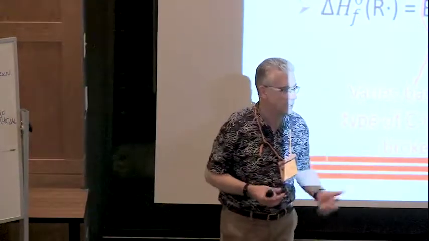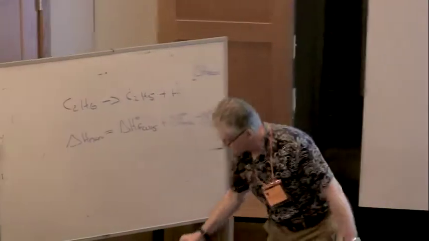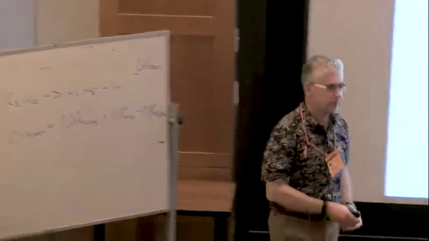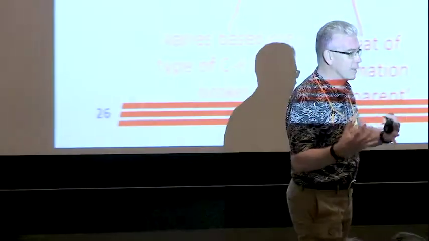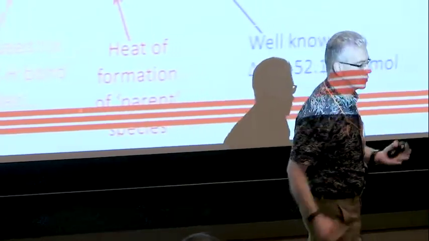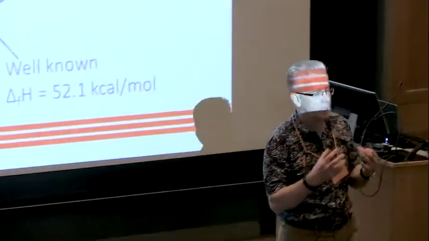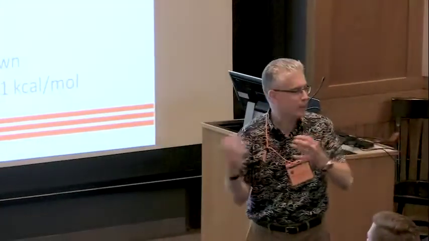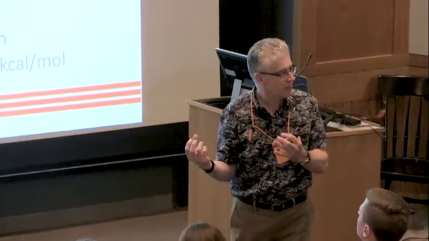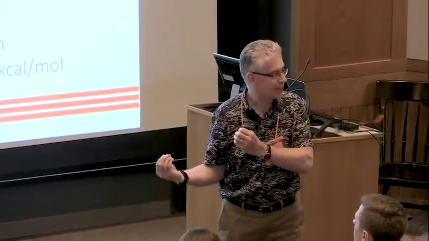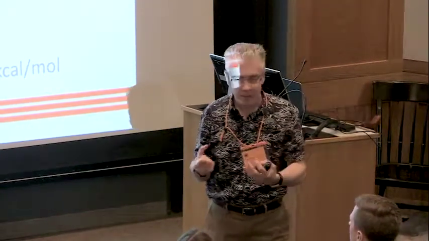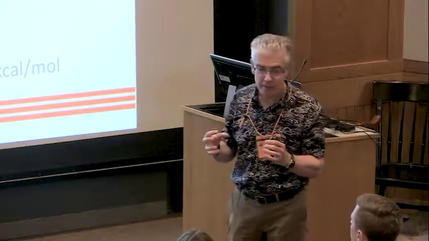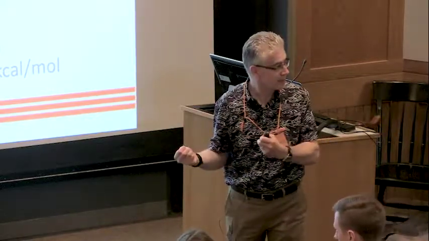Okay, but what is this reaction? Specifically, what is the reaction? Okay, it's the breaking of the CH bond, forming the radical. So it's defining that CH bond strength, the bond association energy. The reaction is breaking that bond. So we're getting the bond strength of that CH bond.